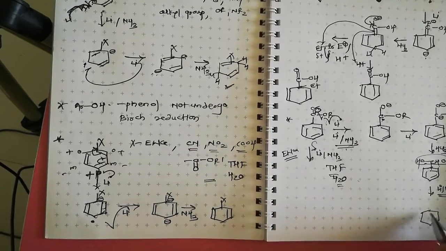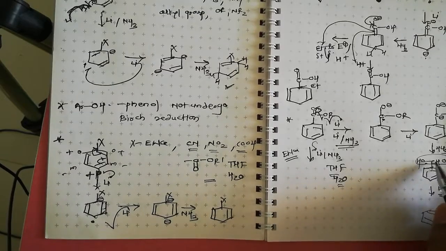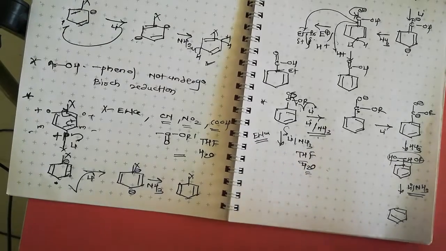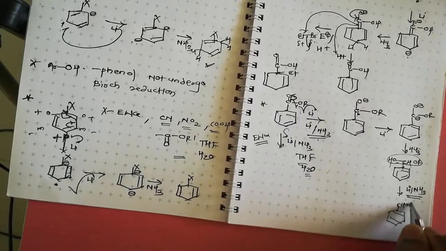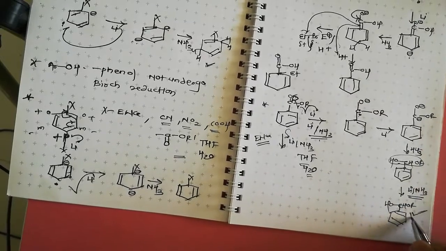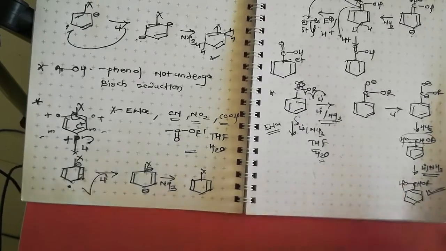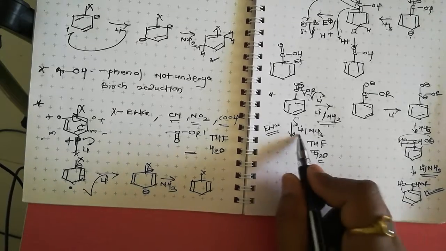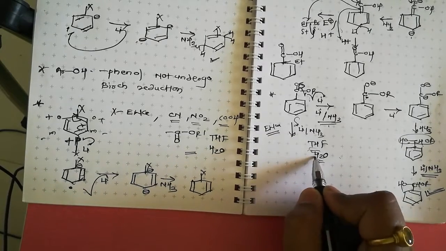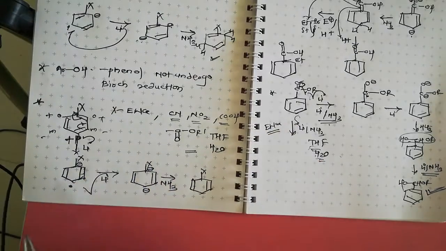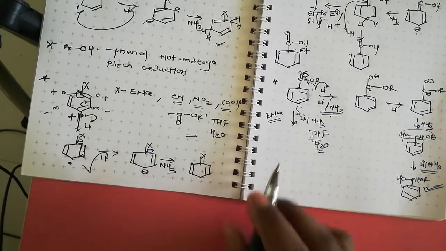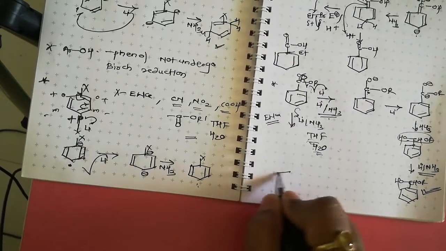Here CHOR, OH, therefore we get this product. If lithium is in the presence of ammonia, THF, water, the ester group acts as an electron withdrawing group. If there is an electron withdrawing group, then we get this type of product.